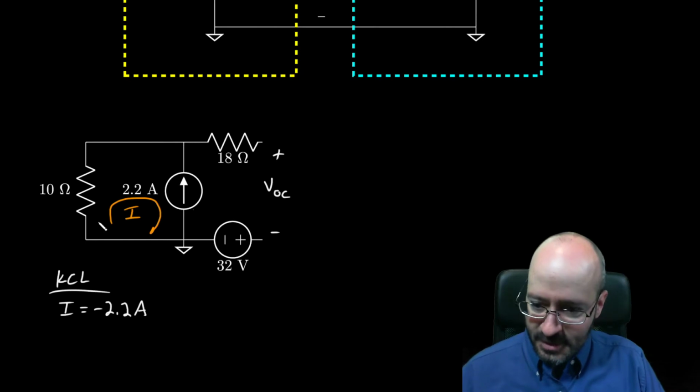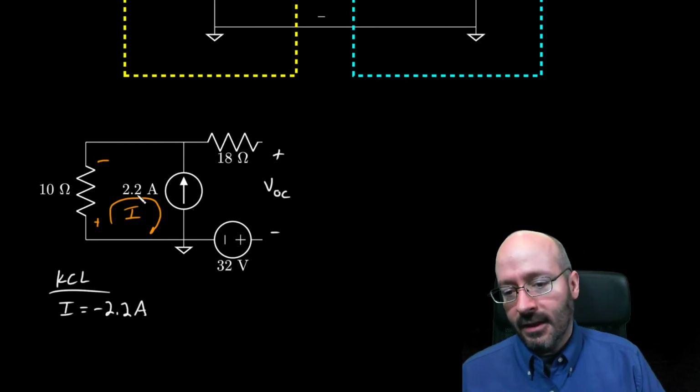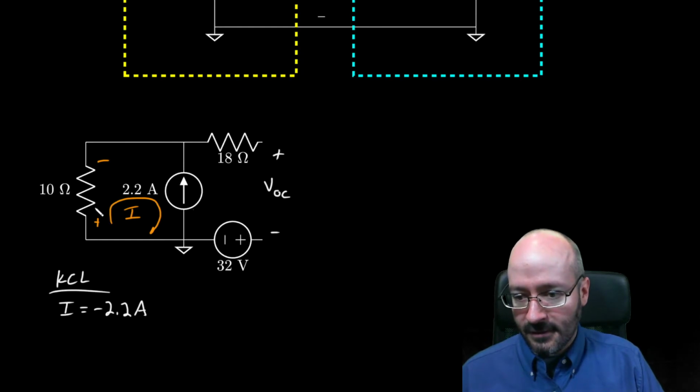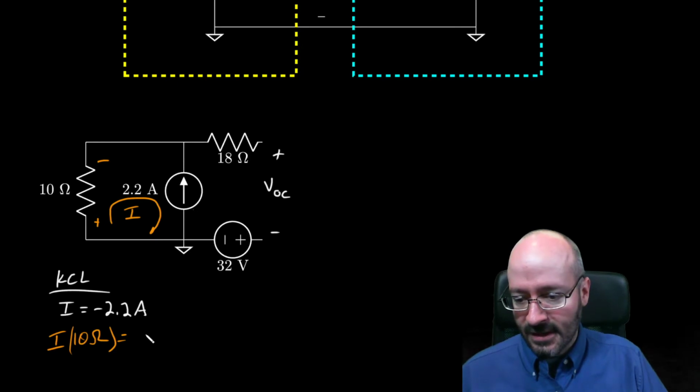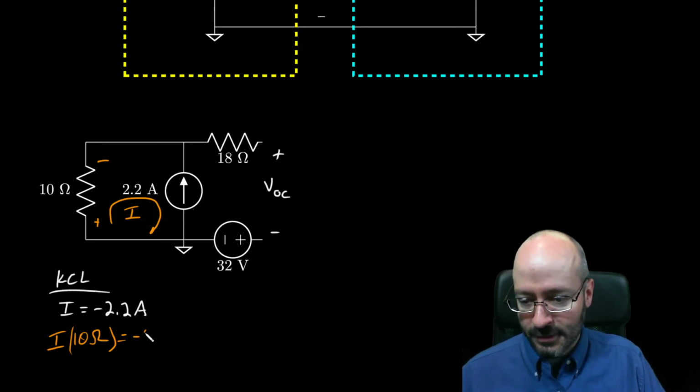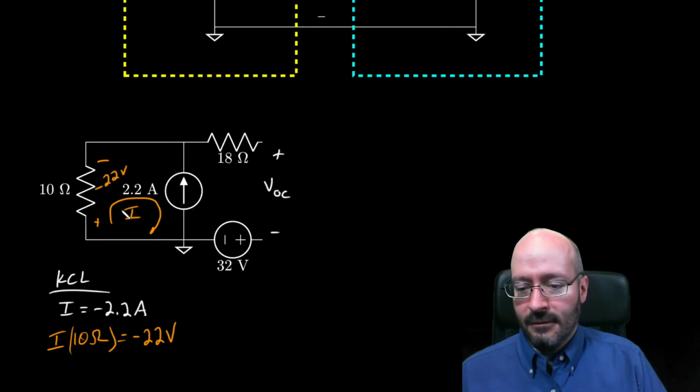If we're being good engineers and we mark out our polarity to look like that, then we can find that voltage by taking I, I'll do it in orange, sure, and multiplying it by 10 ohms. Okay, I is negative 2.2, so this voltage is going to be negative 22 volts. Okay, so we get negative 22 volts there.